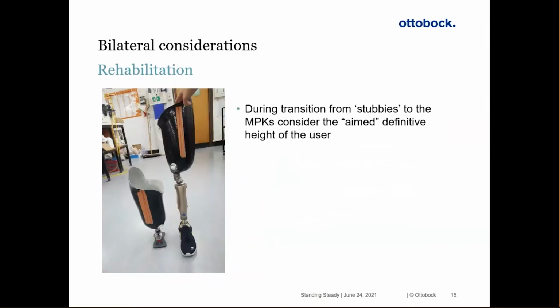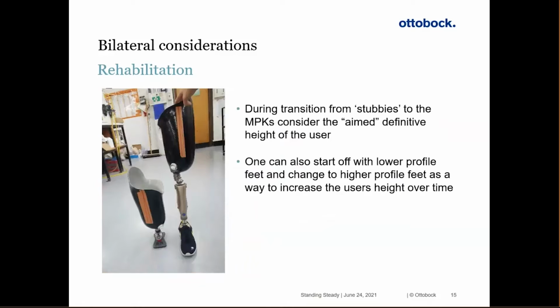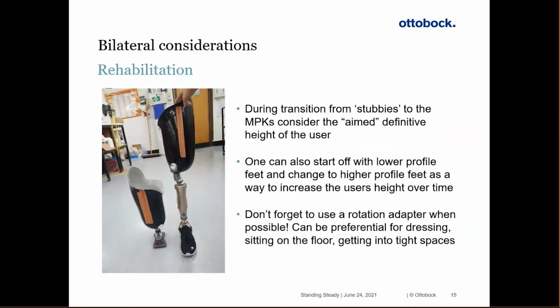So during that transition from stubbies to MPKs, consider that aimed definitive height for the user. You can start off, as I mentioned, with the different feet, and then a rotation adapter can also be very nice. Maybe they only want it on one side. If they have the room for it, they don't necessarily need it. Everything you think about with componentry adds some element of weight and more moving parts.